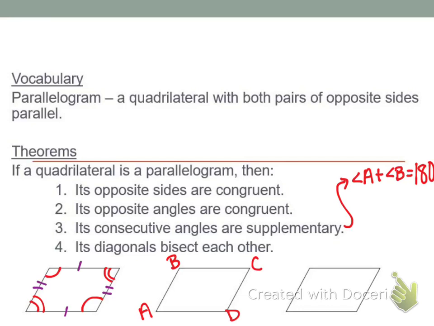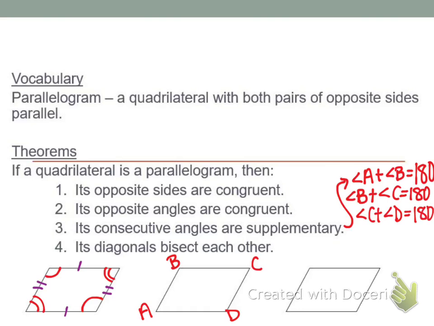If you add any 2 angles that are next to each other, then those angles should add up to 180. So you could do the same thing with angle B plus angle C. Those would add up to 180. And you can keep going around the parallelogram. Any 2 angles right next to each other should add up to 180. You don't have to write all of them out if you get the idea here.